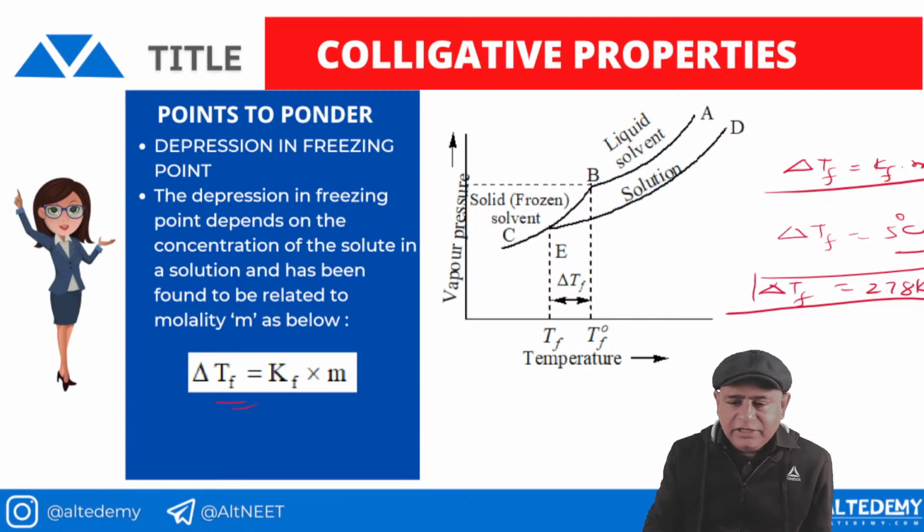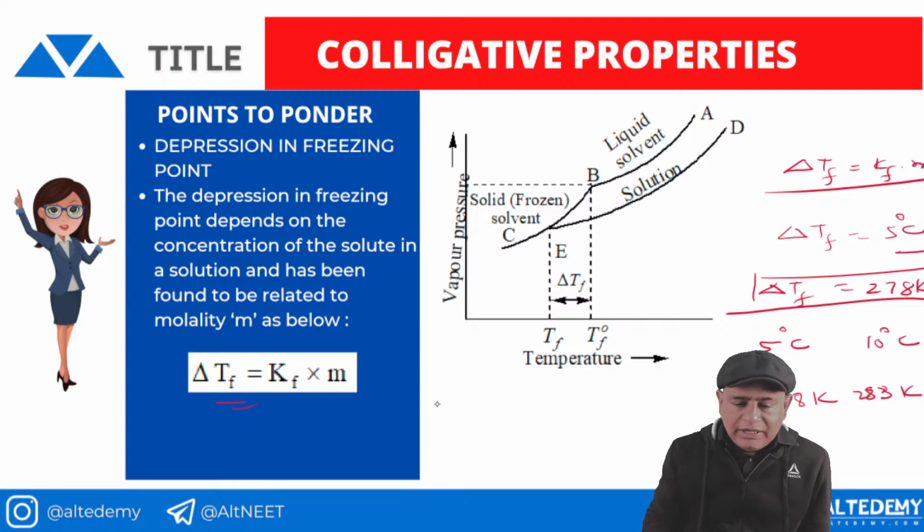I will elaborate it with an example. Suppose originally the freezing point was 10 degrees centigrade. Let us assume for a particular liquid, the original freezing point was 10 degrees centigrade. Now it is freezing at 5 degrees centigrade, right? In Kelvin terms, what will you write? It is equivalent to 283 Kelvin and 278 Kelvin. Am I right?